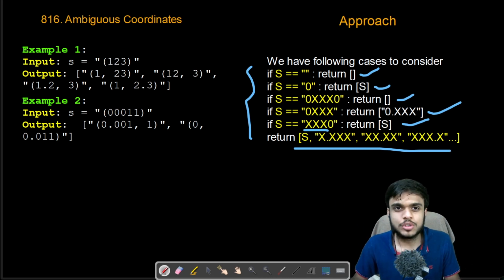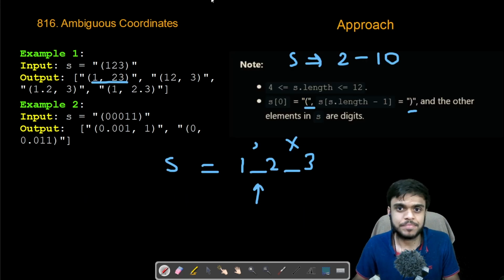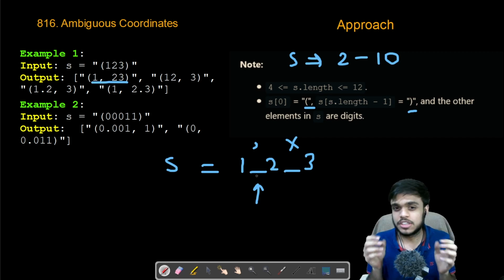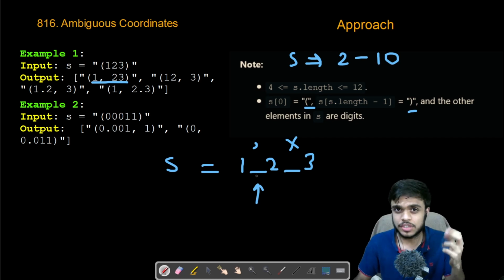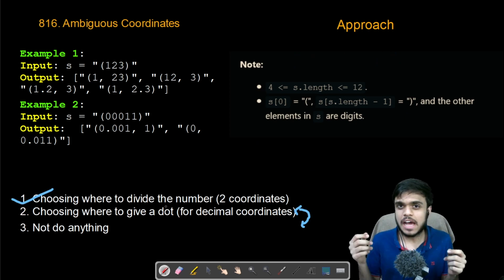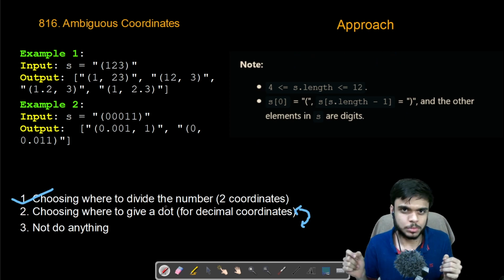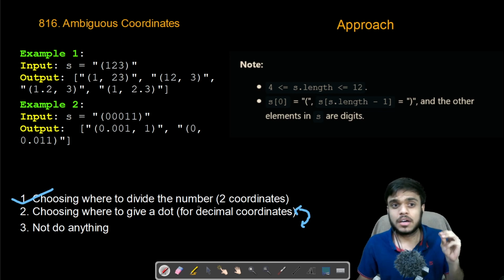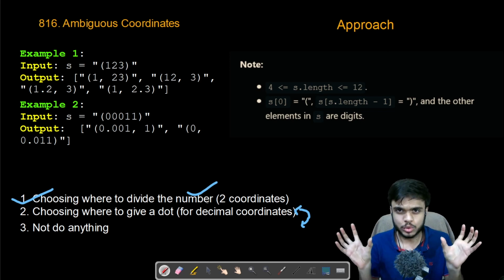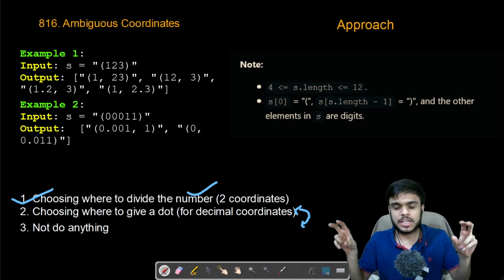Okay, to summarize, we started with the constraints and looked at the brute force solution. After every digit we have spaces, and there we have three choices to make: either to put a comma, and then whether to put a decimal or not. The comma was a compulsory step, the first step, because we need to divide the string into two coordinates, and we can do it with the help of a for loop.